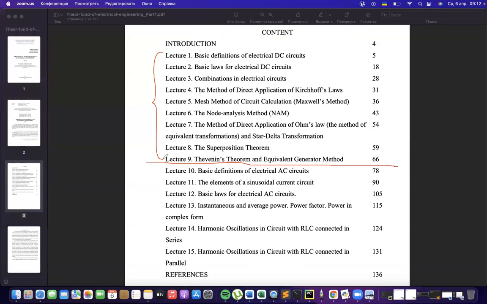In our methodical books, you have this methodical book in your email.